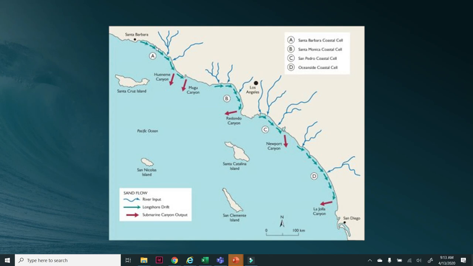So this sediment gets carried down these rivers, along these beaches until they reach these canyons, and then they slump down these canyons into the deeper waters. And so the coast is separated by these canyons into what we call coastal cells. So here is one, here is one, here is one, and here is one. Okay, we have them here on the East Coast as well. And they connect our beach systems to our deeper water systems.